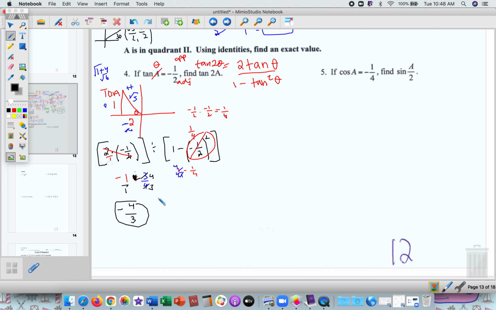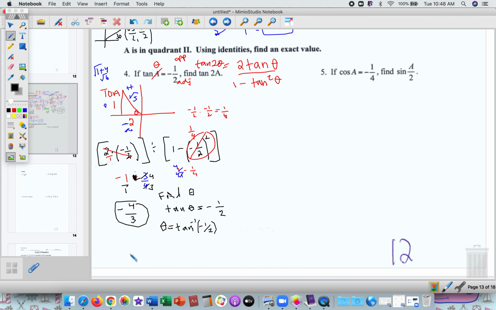If they say find theta, we can look at what we had in the beginning. We can write tan theta equals negative 1/2. If we use our calculator, we can put in inverse tan of negative 1/2.